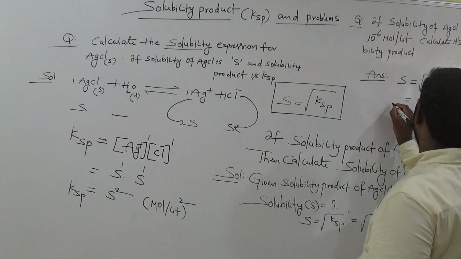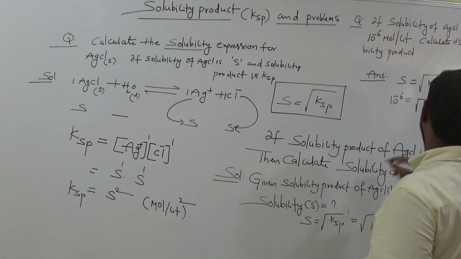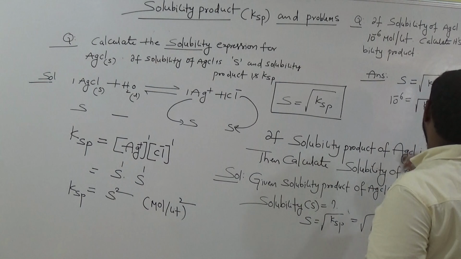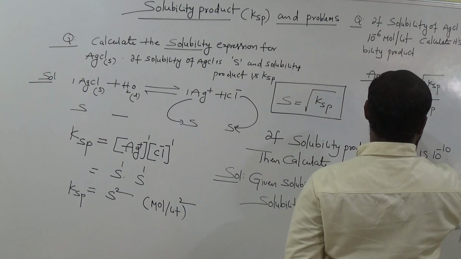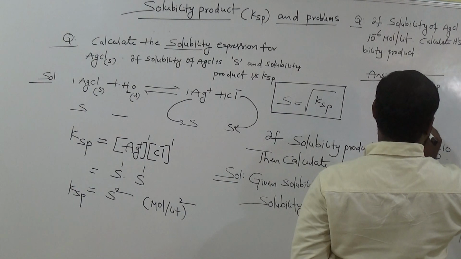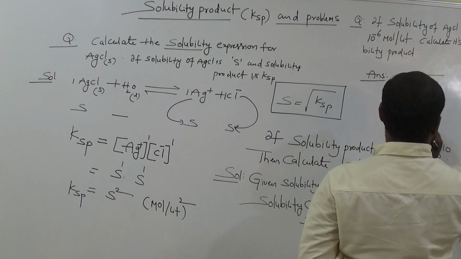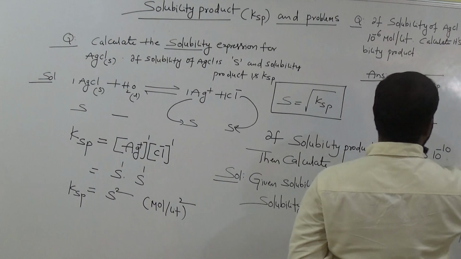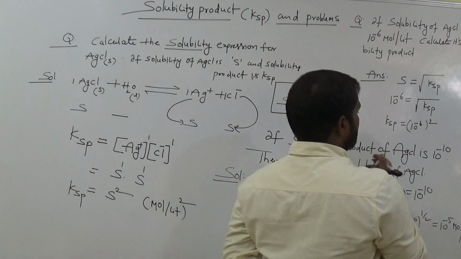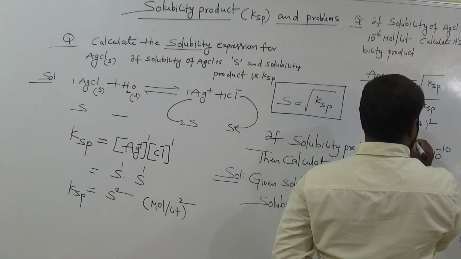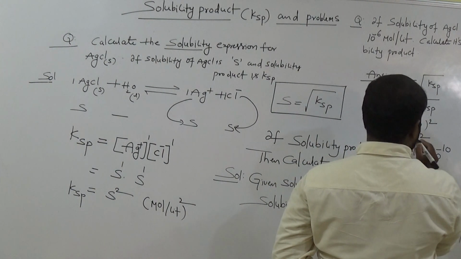That is Ksp. So from this one, what is the value of Ksp? 10 power minus 6 whole square, am I right? 10 power minus 6 whole square is equal to 10 power minus 12. Clear?